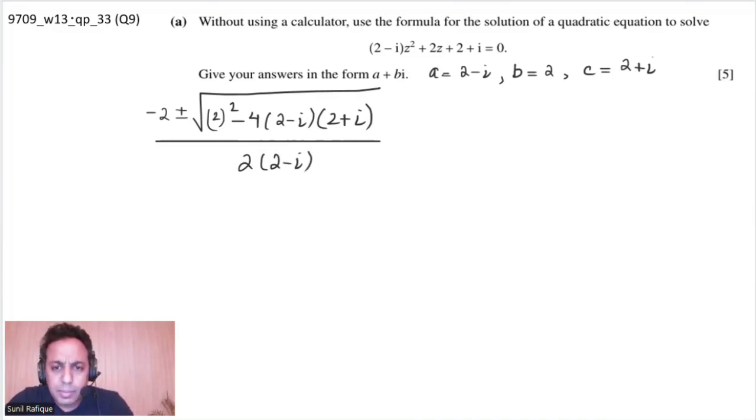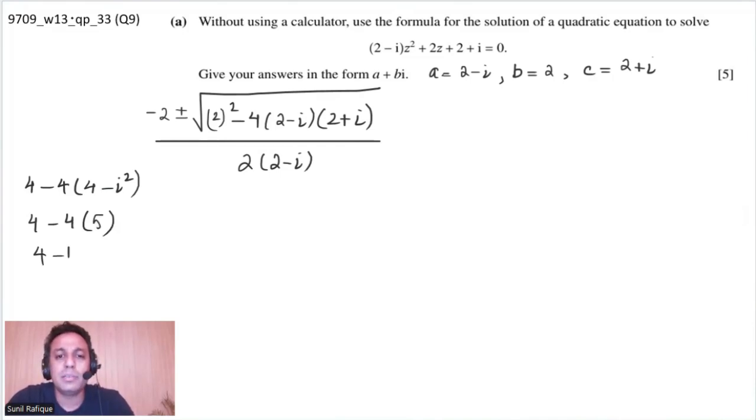Well, I can do this simplification of the inside of this square root. 4 minus 4, and oh, this is again a difference of two squares identity. So a squared minus b squared, right? It's going to be 4 minus 4 times 5, which is 4 minus 20. This is going to be negative 16, right?